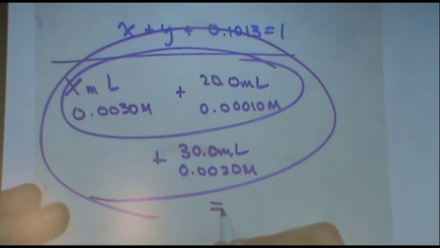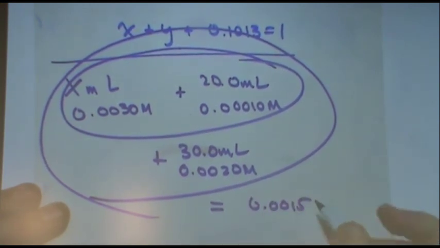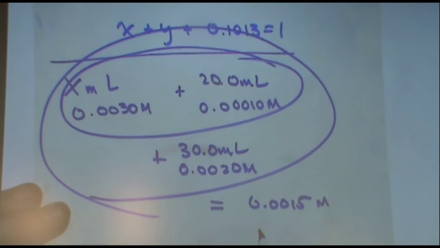Now this is pretty normal in blending wine, that you mix wines together to get a different taste. So you would mix grapes from different vines. You want to know what's X.